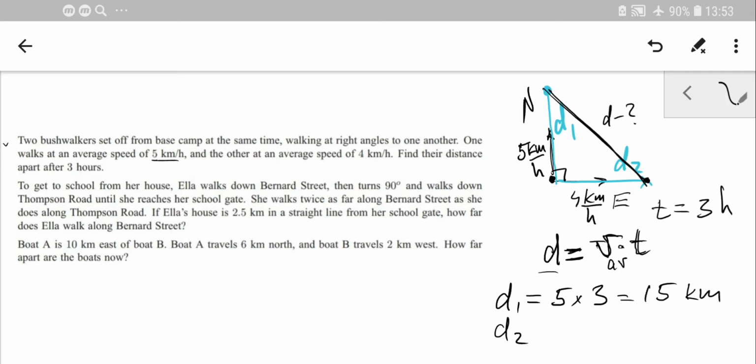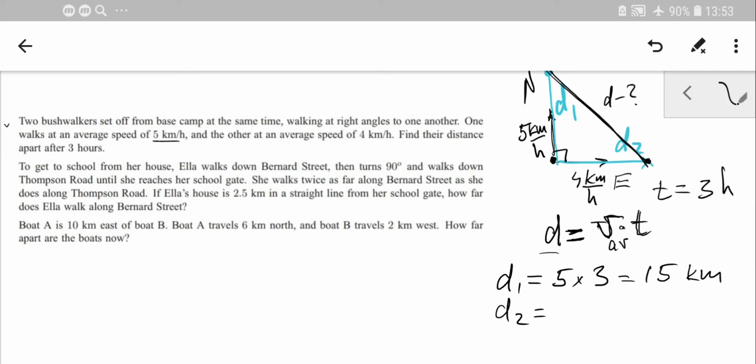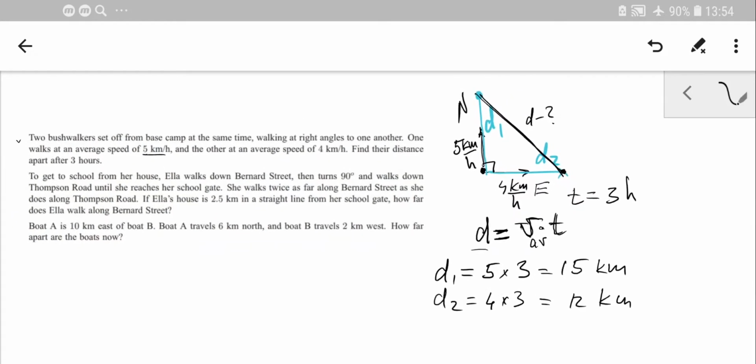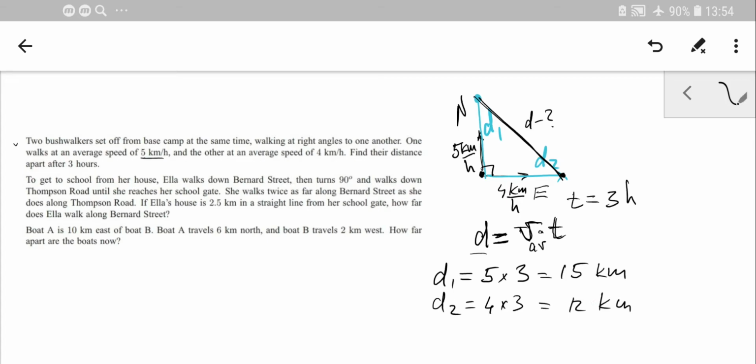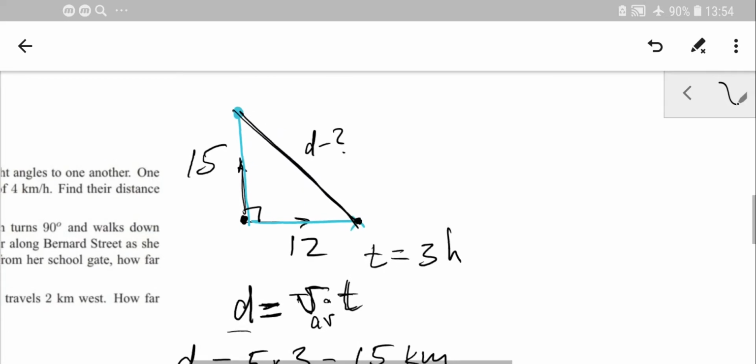And distance 2 is simply 4 times 3, which is 12 km. Now we have a triangle with sides 15 and 12. So I'll erase that and put only values for distances: 15, this is 12, and we need to find d as hypotenuse.